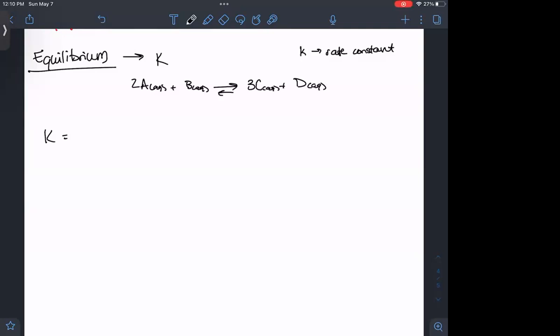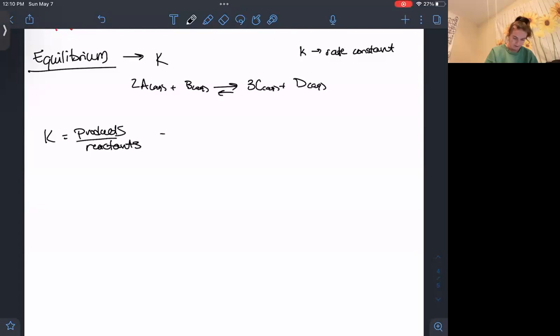Awesome. So you're going to do your products over reactants. K is always products over reactants. And you use the coefficient in the front as your exponent. So you would have your product C to the third times D on the top over A squared times B. Okay, and that would be K.